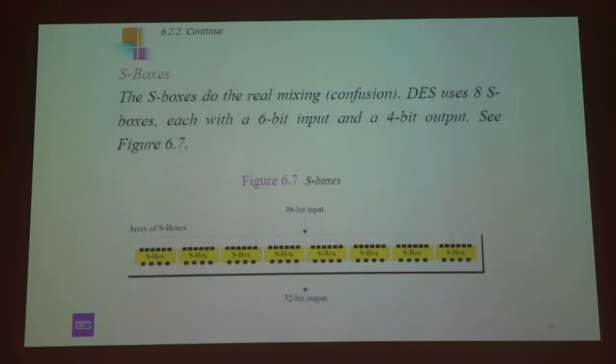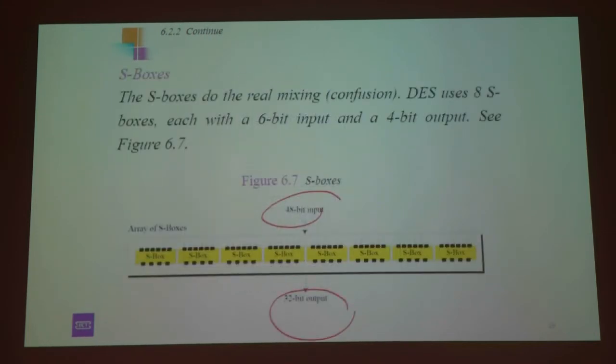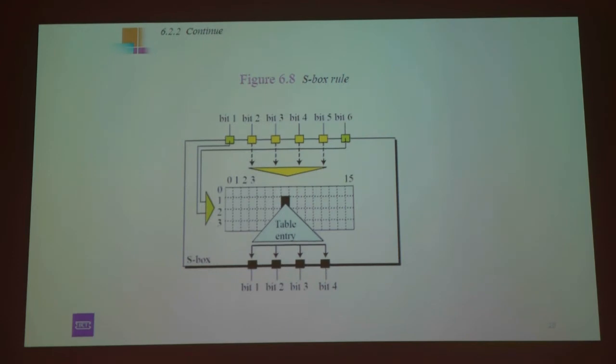These are compression, right? The inputs are 6 and the outputs are 4. That's why the total inputs are 48 bits and the output is 32 bits, right? So basically, how can I find the value? They created 8 tables for you. Each table has 4 rows and 8 columns.